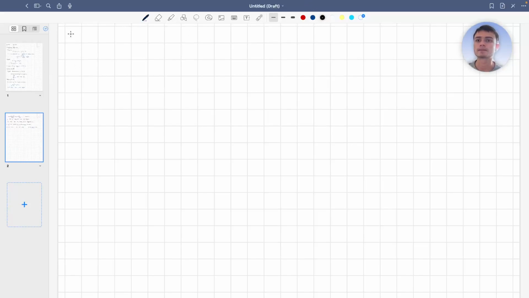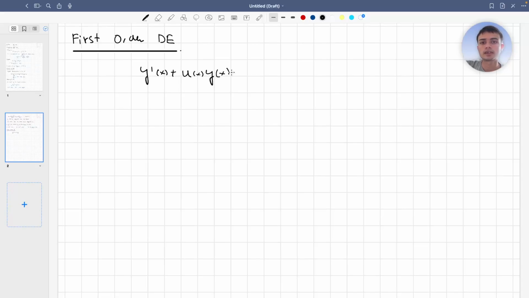I've got a general form of a differential equation, that is y dash of x plus u of x y of x equals some R of x, right? That's a very general form of a differential equation.